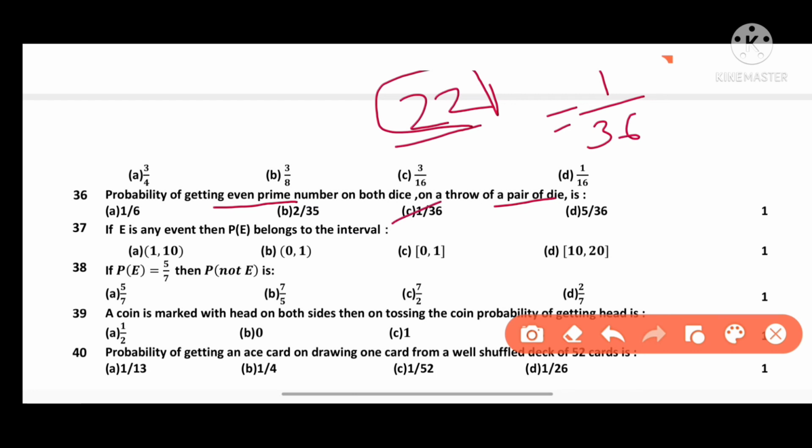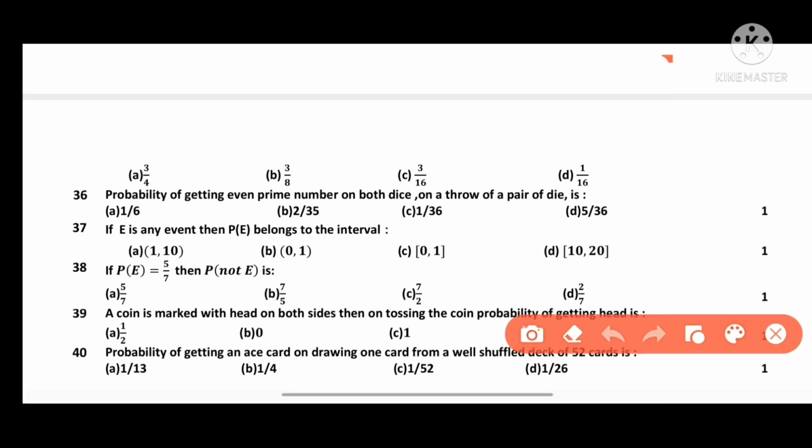Next, if E is any event, then probability of E belongs to the interval, because probability of the event lies between 0 and 1. So answer is closed interval 0, 1.